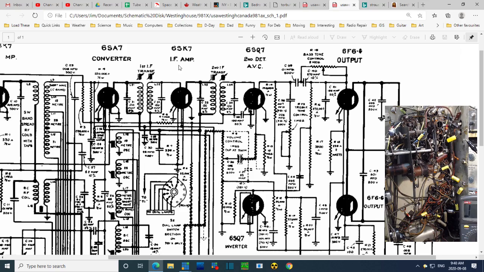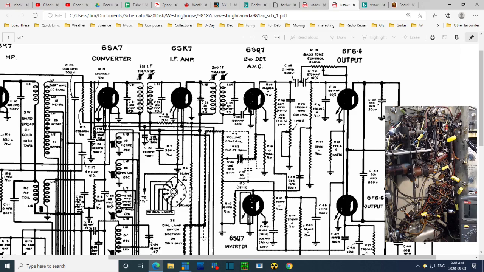Off the screen of this tube. Why did I think I was looking at this resistor earlier and had found it?